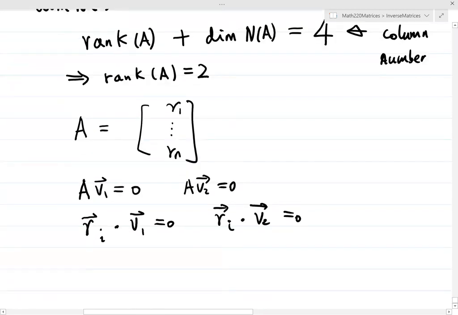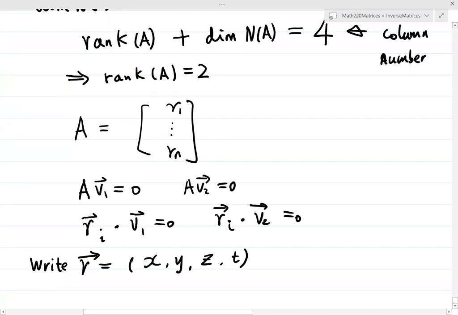Because A has 4 columns, any row vector has 4 components. So if we write R with 4 components, suppose this is x, y, z, t, 4 variables.